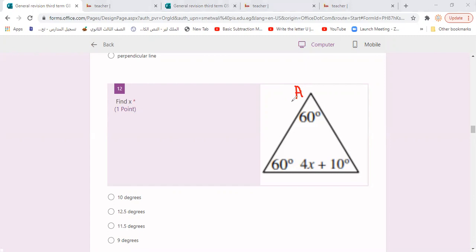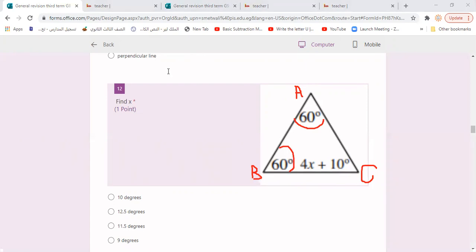If we say this angle is A, this is B, and this is C. He said that the measure of angle A equals the measure of angle B equals 60. So we have two different ways to solve this question.